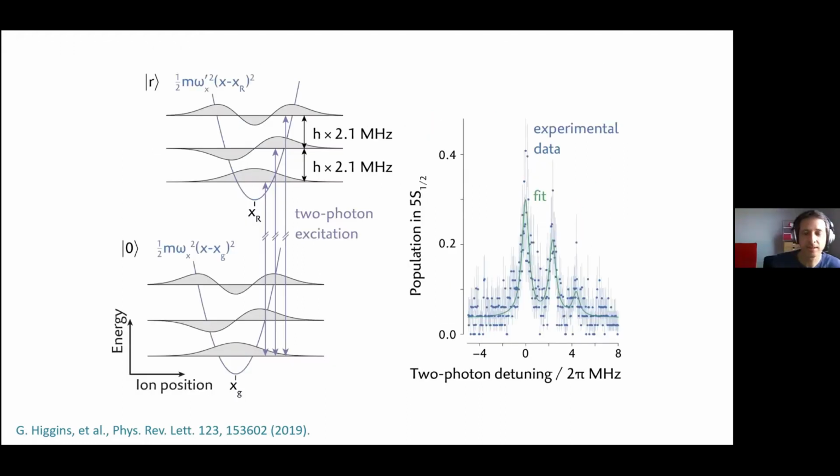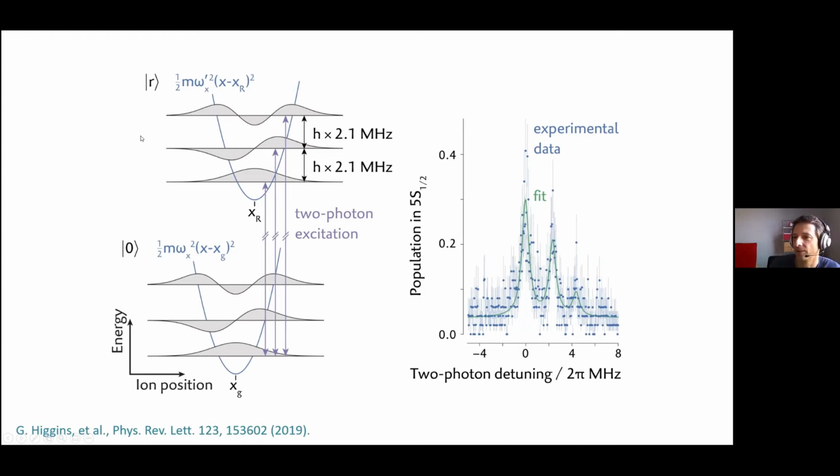On top of that, as I said, this offset electric field will apply a force on your trapping potential. The force will, depending on how strongly the ion is confined, shift it by some amount, a little bit more or a little bit less.